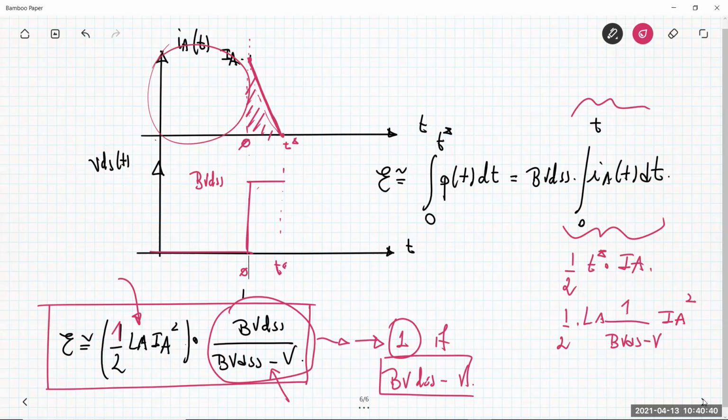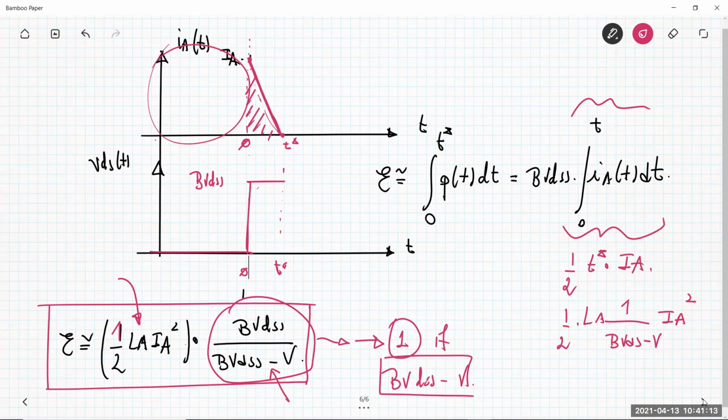And this happens when you choose a breakdown voltage for the MOSFET which is very large with respect to V. So, summarizing, if you want to use these circuits to drive your unipolar stepper permanent magnet motors, there is no problem. Pay attention that you are operating the MOSFET in the breakdown region, so you have to take into account MOSFETs that have avalanche capability, and you have to look at the energy.